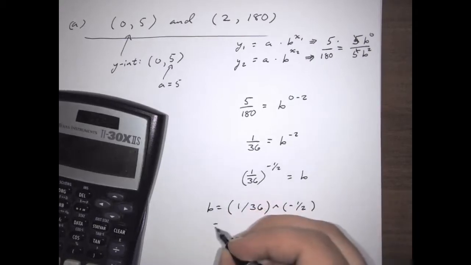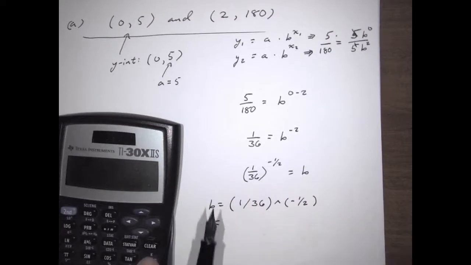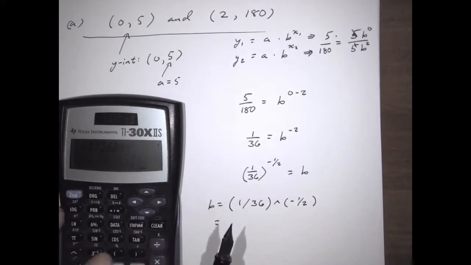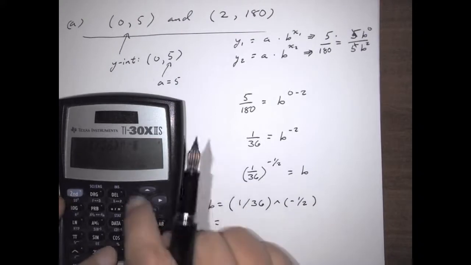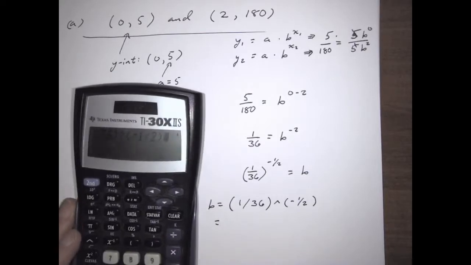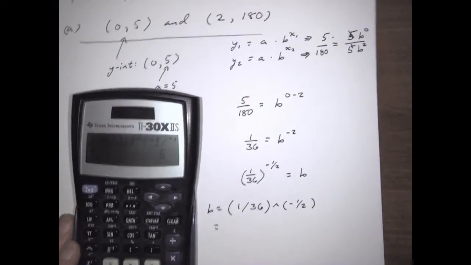So b equals that, which will equal 1 divided by 36, and you may already know what the answer is going to be because these are some special numbers. But if not, you can just let the calculator do the work for you and find an answer of 6.